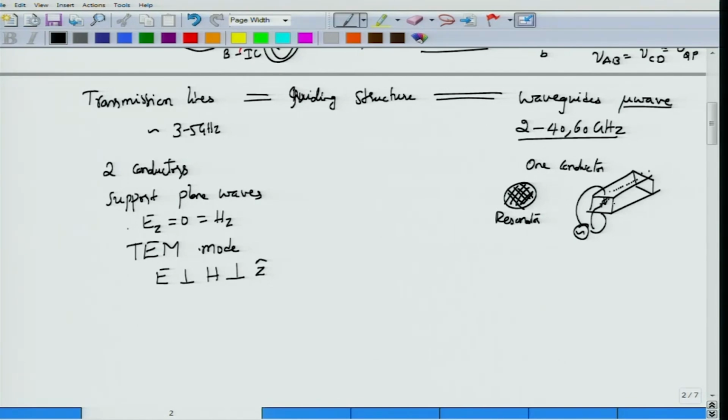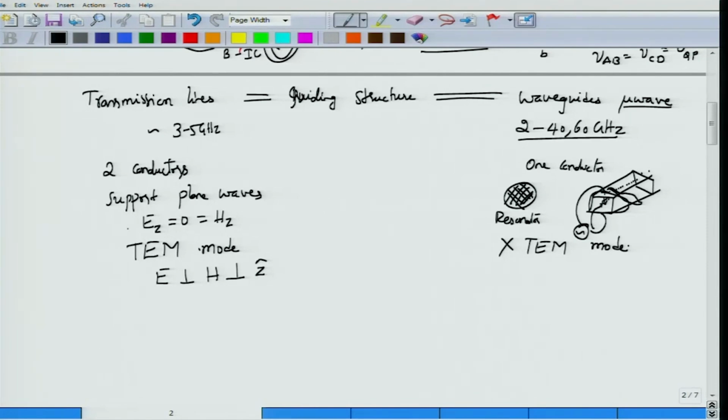So most waveguides, at least the metallic waveguides that I am showing here, consist of only one conductor. Why do we say one conductor? Because everything here is made up of only one metal and there is only one continuous conductor out there. Made out of one conductor, they do not support TEM mode.